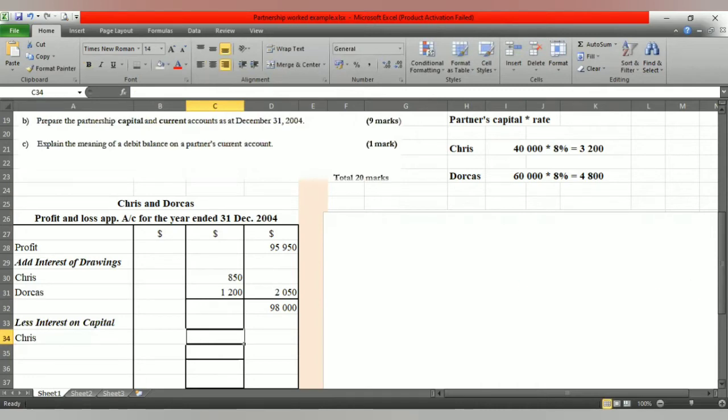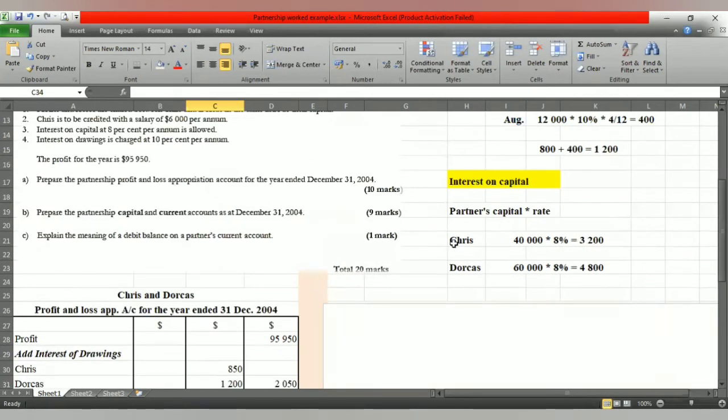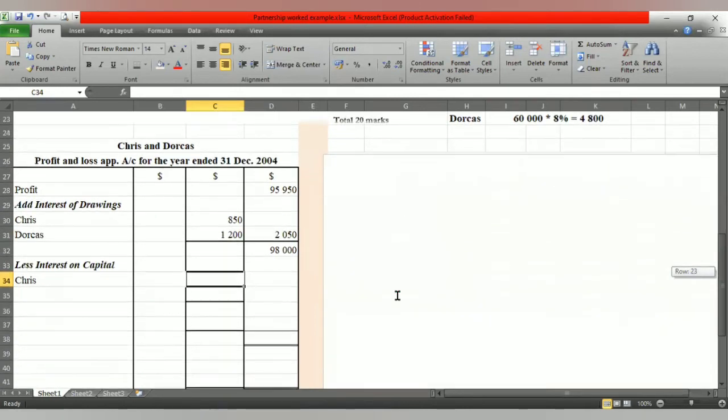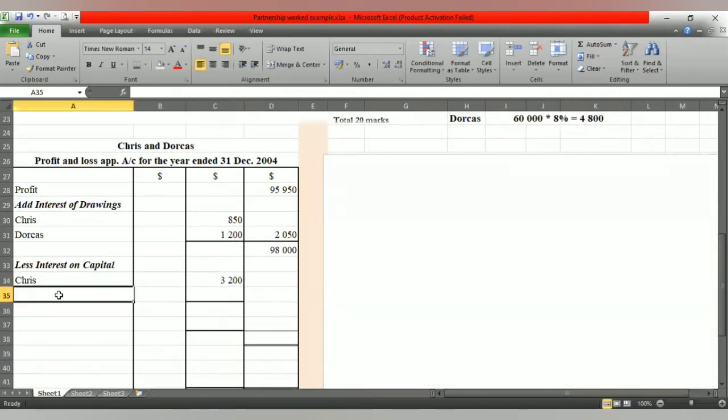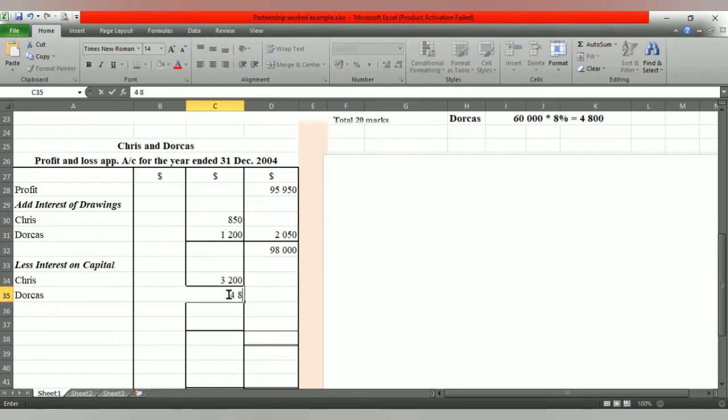In our workings, interest on capital for Chris is $3,200, while for Dorcas, that is $4,800. Remember, we have calculated those earlier. We're adding these two figures together now to get total interest on capital, and that is $8,000.